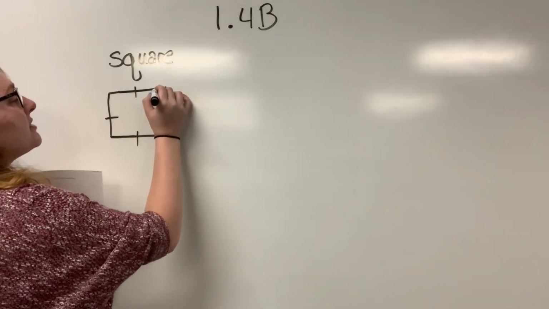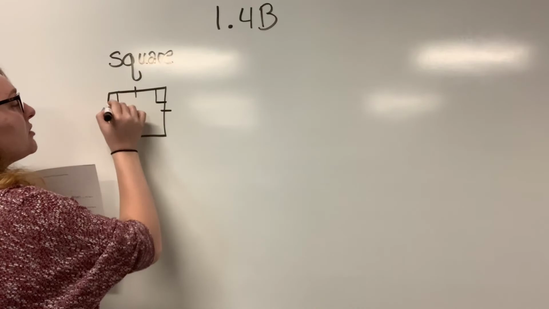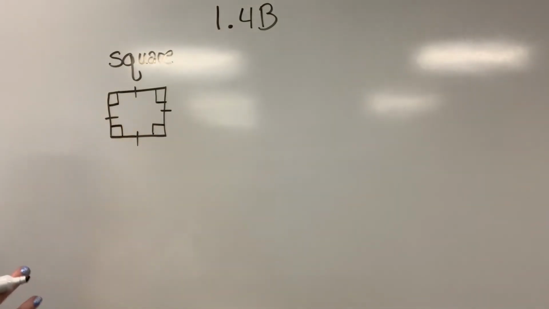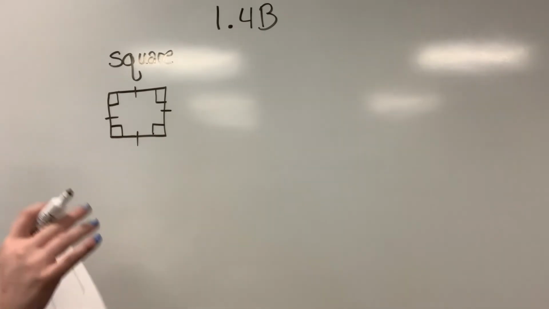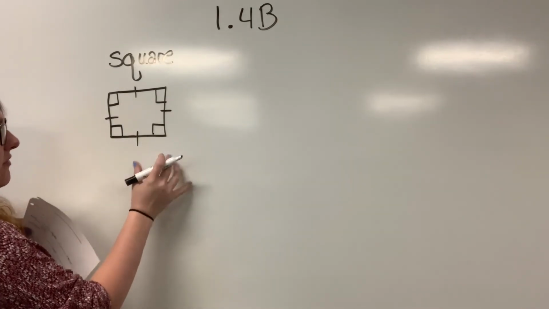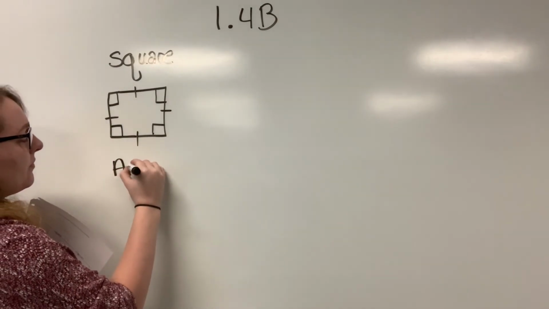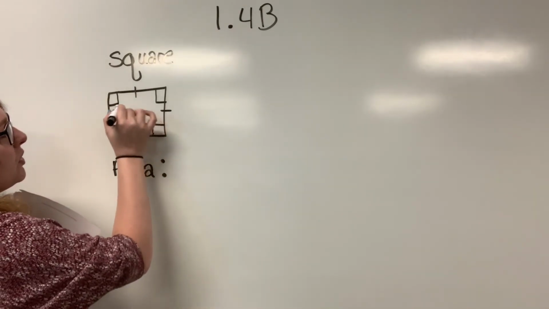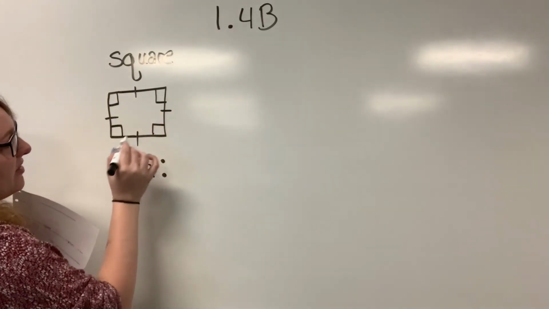They also have the same angle measurement. So I'm gonna add these in the corner. They mean that the corners are 90 degrees. And like I said, we're gonna talk about angles a lot more later. So if we wanted to find the area of a square, we would want to find the inside of it, everything inside.